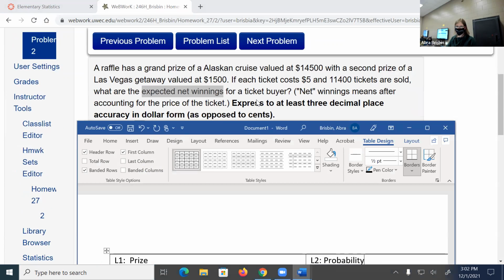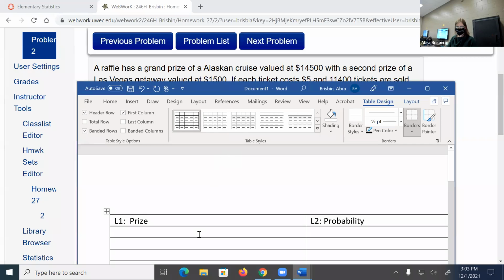So let's see. We have a grand prize that's worth $14,500. I think your numbers might be different than this, so be careful. And a second prize worth $1,500. Don't forget about the possibility of not winning, which would be a prize of $0. And then the probability of each of those.